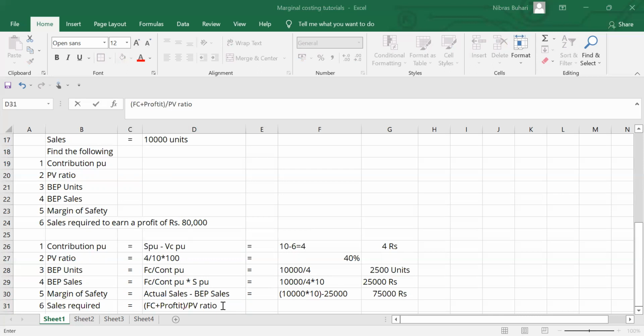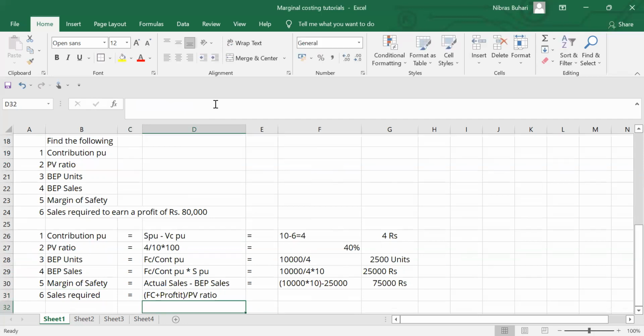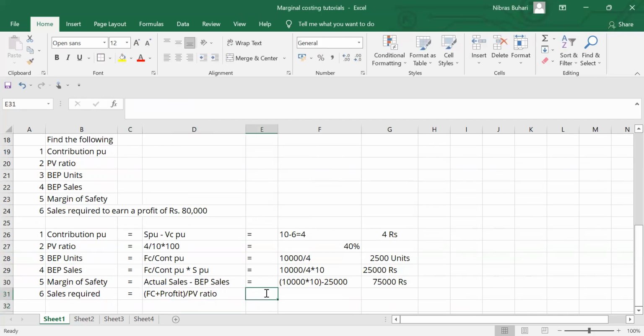But if you use contribution per unit instead of PV ratio, fixed cost plus profit divided by contribution per unit, you will get the sales in units. So PV ratio will give you sales in rupees, contribution per unit will give sales in units.